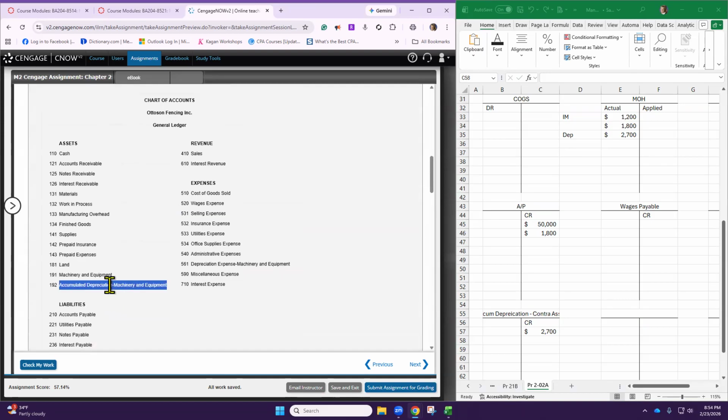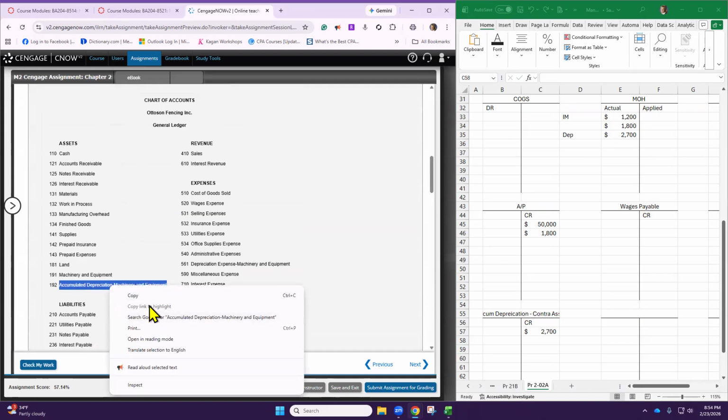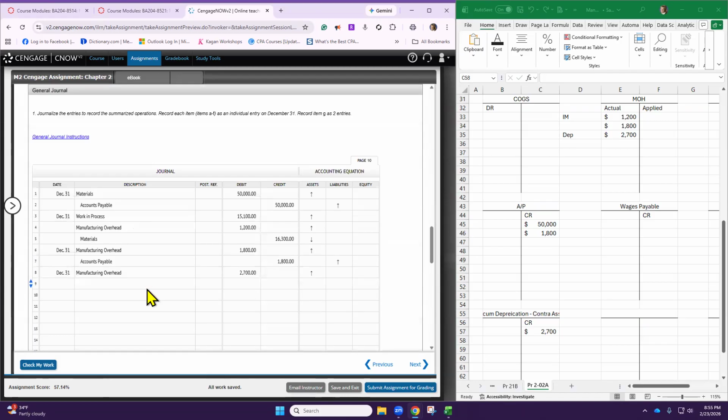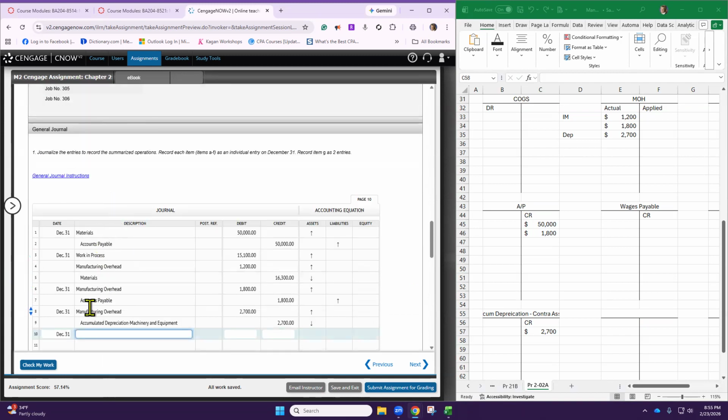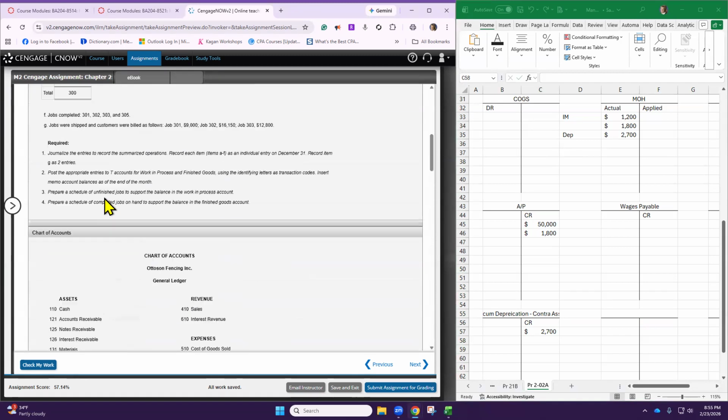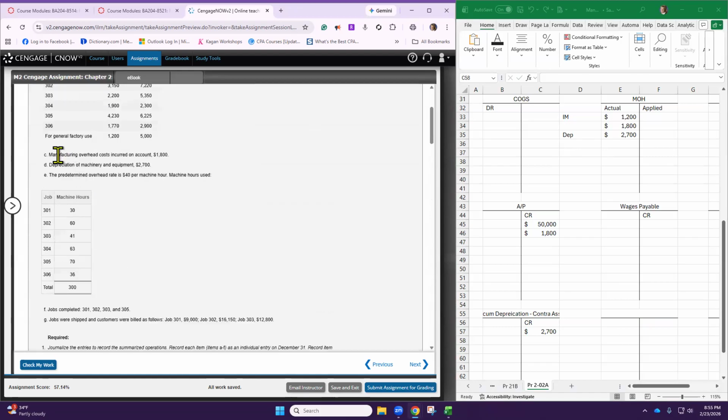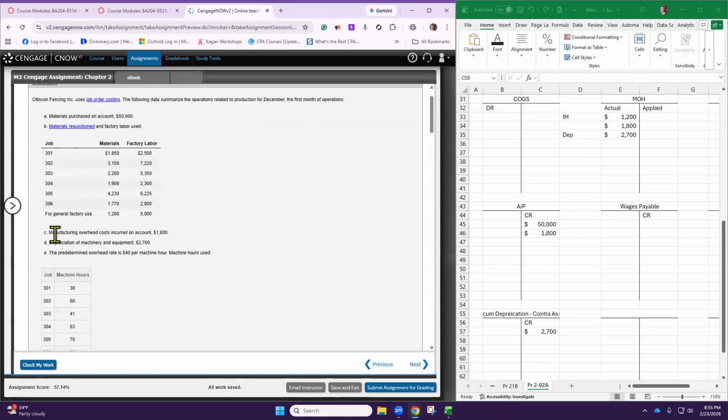Here it is on machinery and equipment. Okay, 2,700. Now we're ready for another one, December 31st. Okay, so we've done 1, 2, 3, 4. Now we're on 5. So 1, 2, 3, 4, 5.